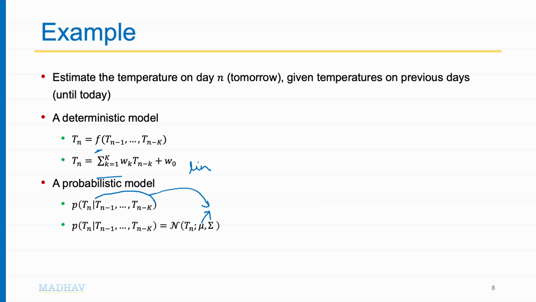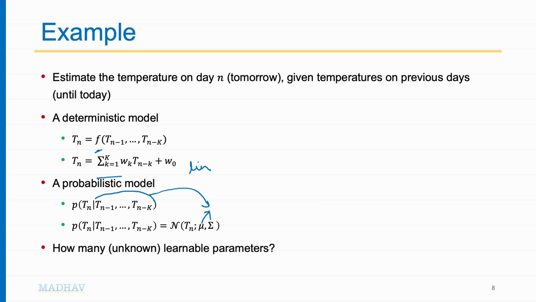So you make a neural network which predicts mu and sigma. It does not predict one temperature, but the mu and sigma of the Gaussian distribution which the temperature is assumed to follow. Understood? But you can use many other distributions also, not just Gaussian. It could be any distribution.